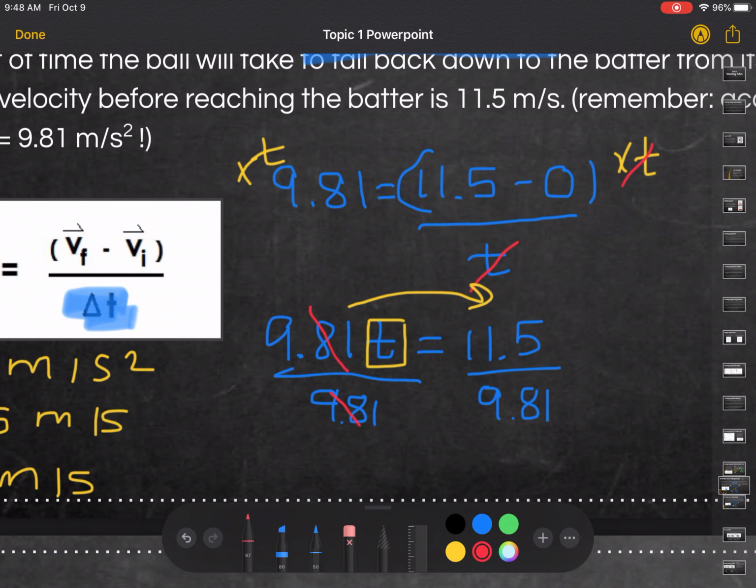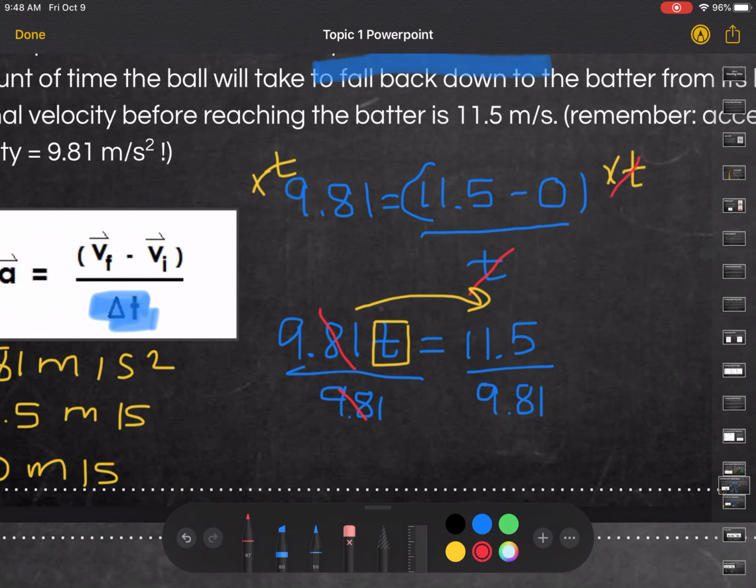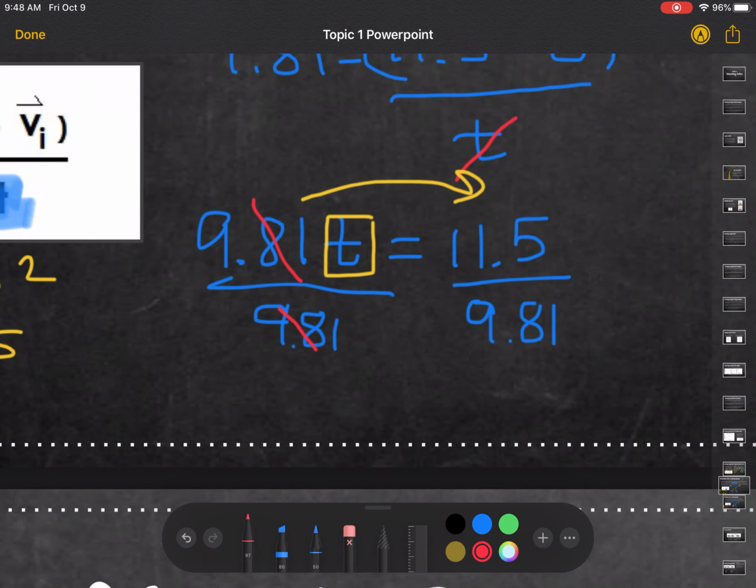So 9.81 divided by 9.81 will give you 1. So now you're left with just t by itself.